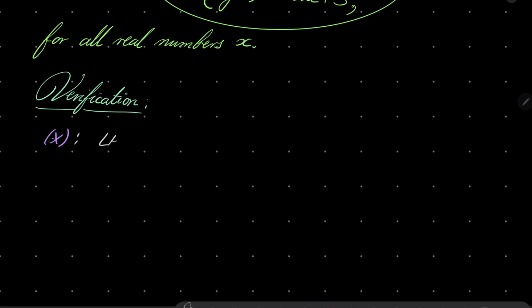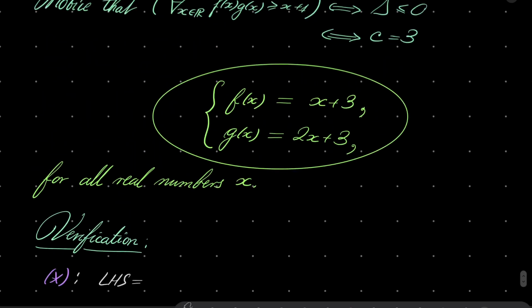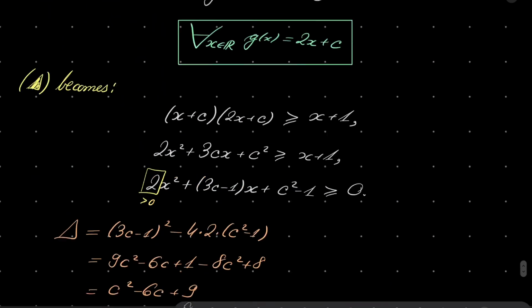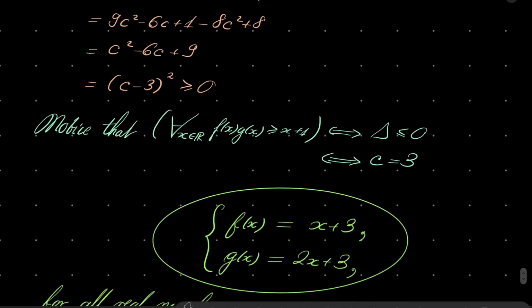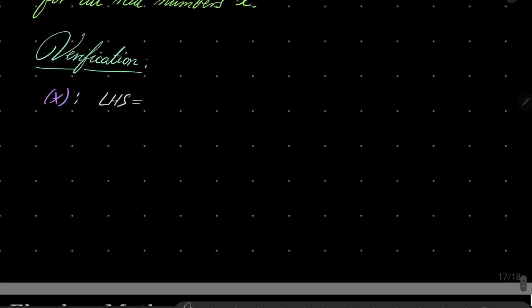On the left hand side we have 2f(x) - g(x), which is 2x + 6 - (2x + 3), which is 3.